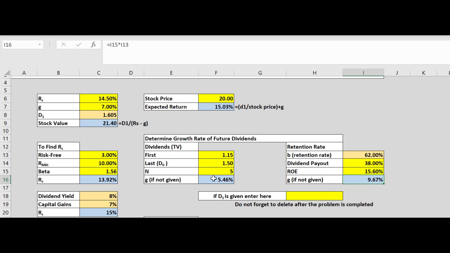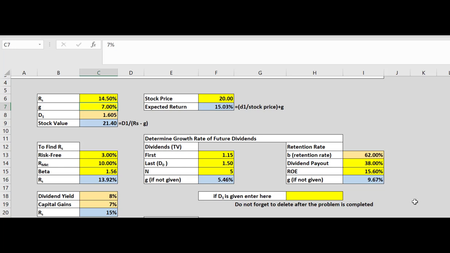Well, we can look at this and say, let's just use the average of the two. If they make sense, you use them. And in this case, it does. So somewhere up here, I have the growth rate. I plugged in 7%. It's somewhere between 5.5 and 9.5, and I chose 7%. Again, as an investor, you get to plug in what you want.